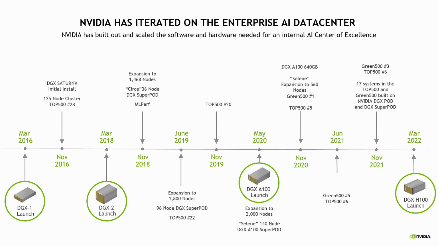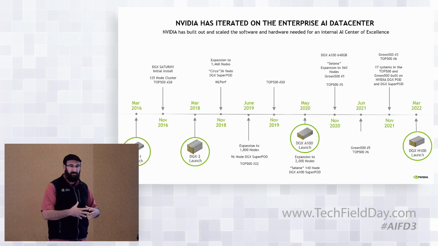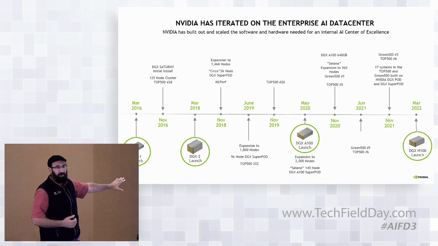And so it's been a long story. We played with OpenStack, we played with Kubernetes, and we played with Slurm, and we have a few different clusters internally. But what we've ended up doing is we've centralized everything. We've built our AI center of excellence within the company. And all of those products I just showed today, this is what we use internally at NVIDIA to build this.